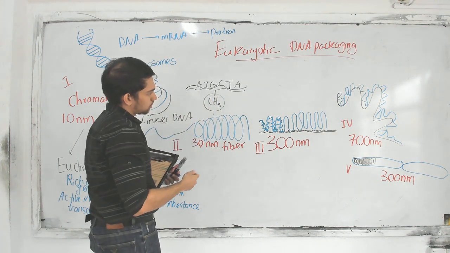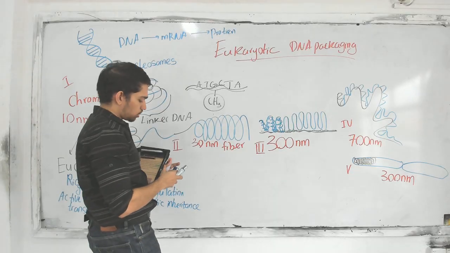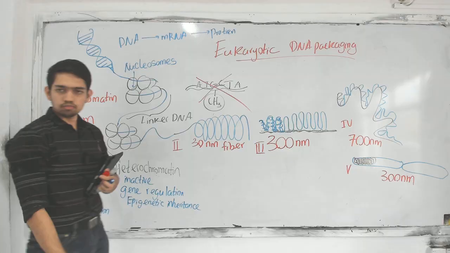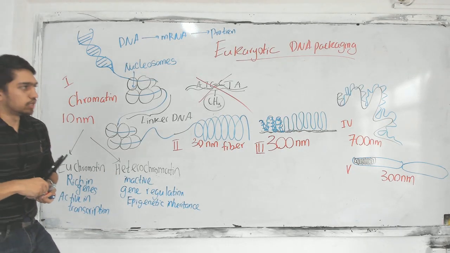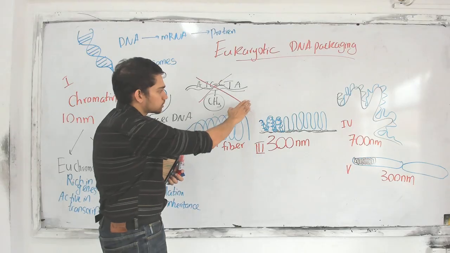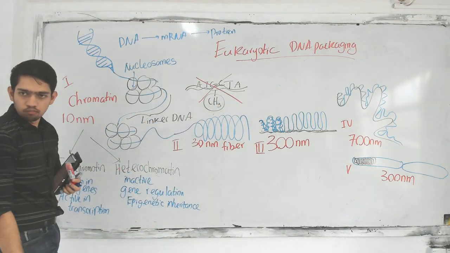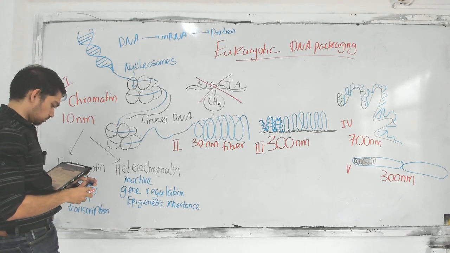So that is something coming under epigenetic inheritance. This part of DNA is going to be masked. So the DNA information is there, but it is not being expressed. That is called epigenetic inheritance. Such things can be controlled by heterochromatin.